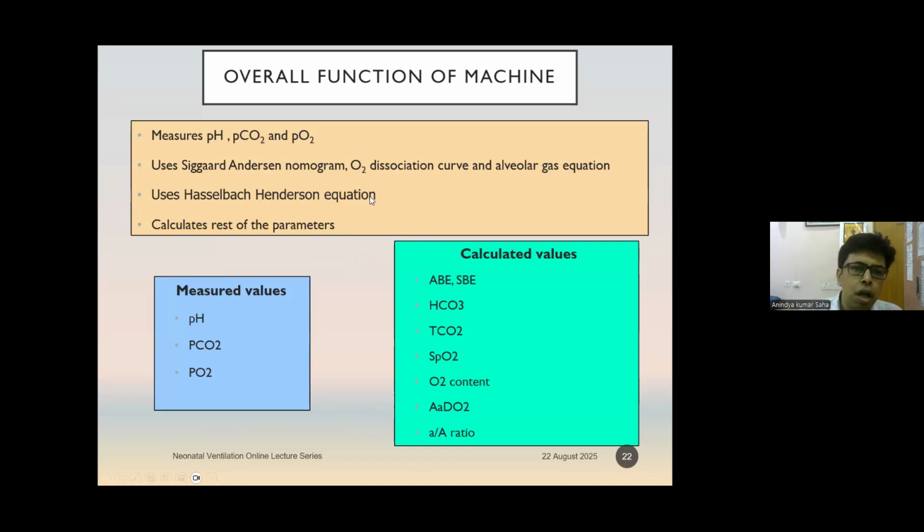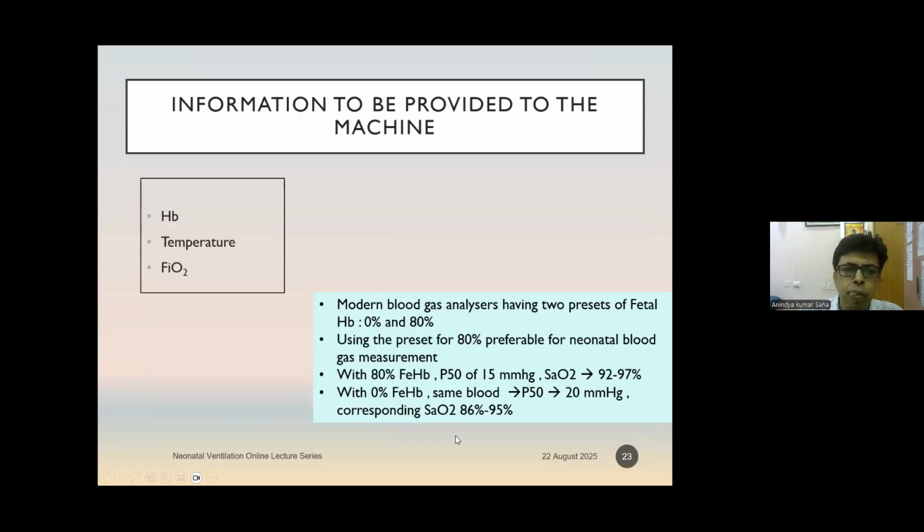Overall, our machine will measure pH, PCO2 and PO2, and derive the rest of the parameters like actual base excess or standard base excess, bicarbonate, total carbon dioxide content, SpO2 or SaO2, total oxygen content, alveolar to arterial oxygen difference, and arterial alveolar oxygen ratio.